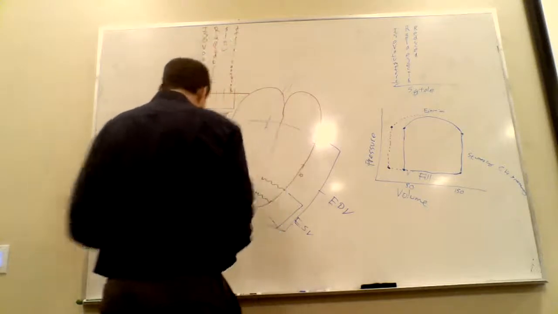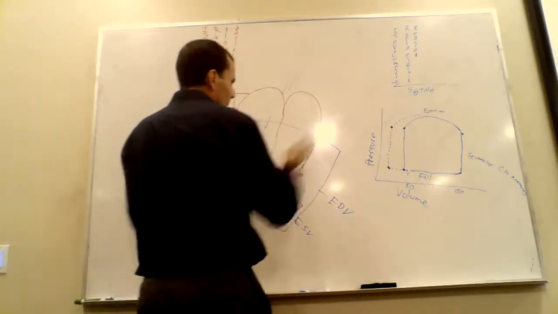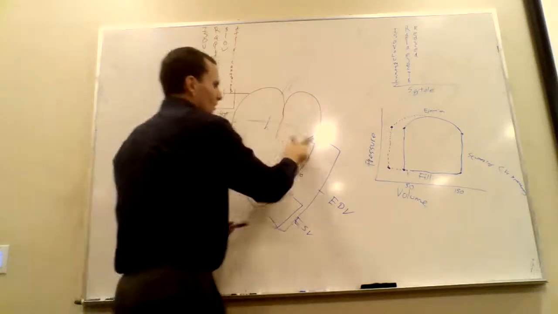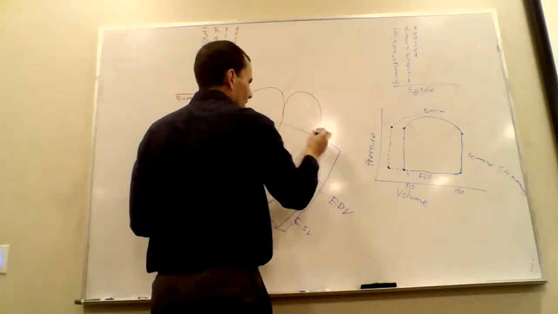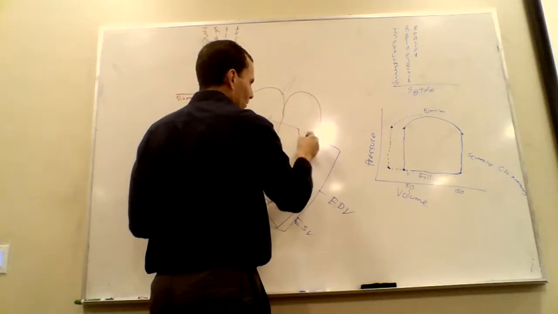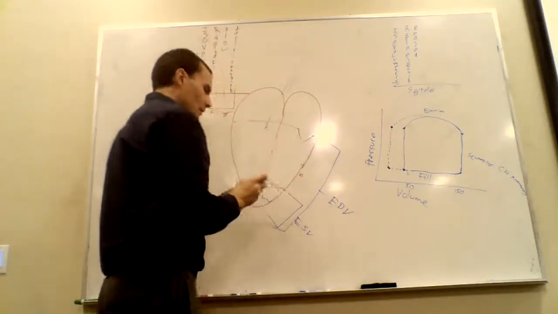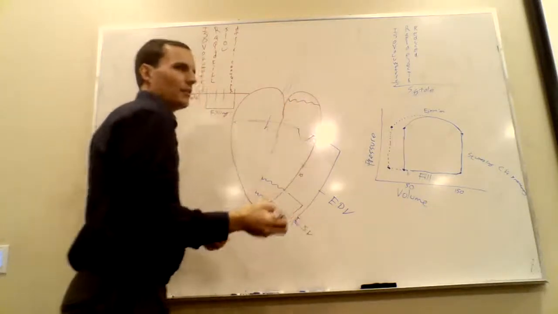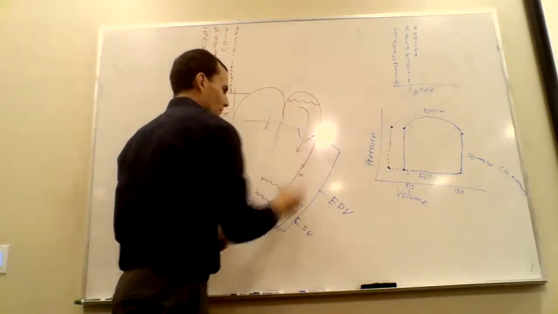All right. So when systole just ended, the mitral valve just opened, and all the blood that has been in the atria, now gravity pours it down.